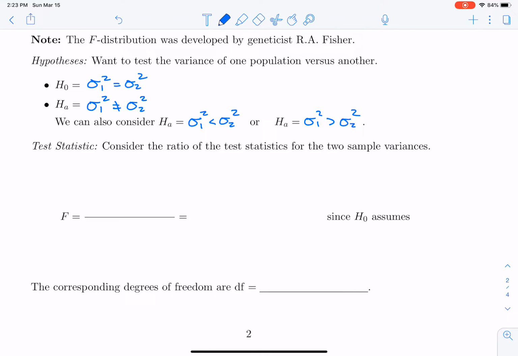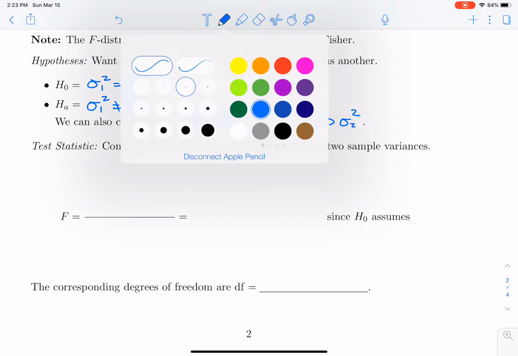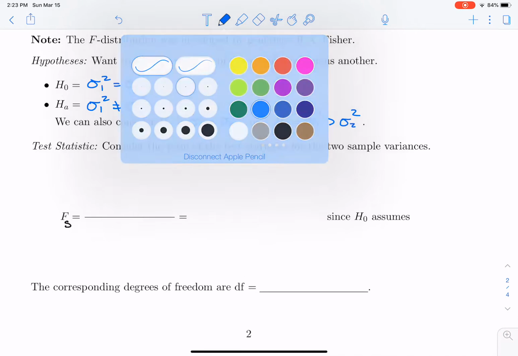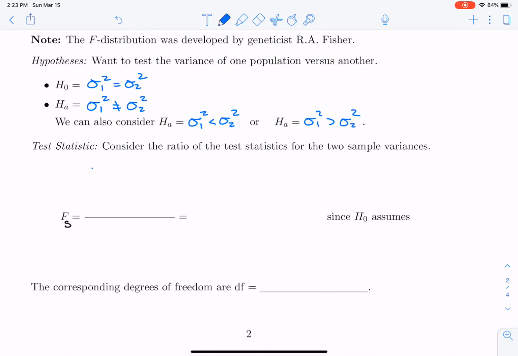So our test statistic is going to compare the variances of the two populations. In order to do that, we're going to look at the ratio of the test statistics that we had previously. So we're going to define our test statistic F sub S, and we're going to take the ratio n1 minus 1 times S1 squared over sigma 1 squared. We're going to divide that by n1 minus 1.